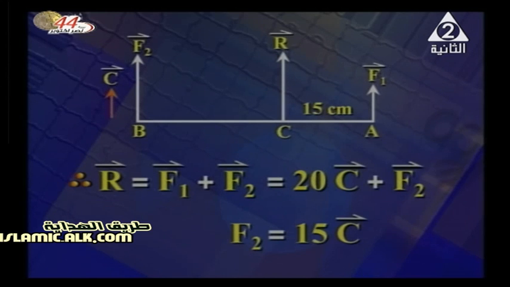Remember, R in this case, dear student, equals 35 and F1 equals 20, so F2 must be 15. Why? Because R equals F1 plus F2. R is 35, F1 is 20, then F2 is 35 minus 20 equals 15C.